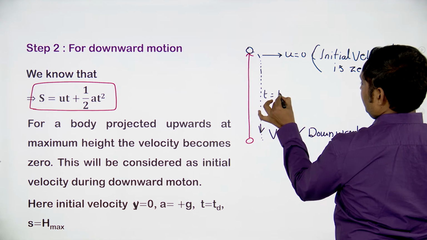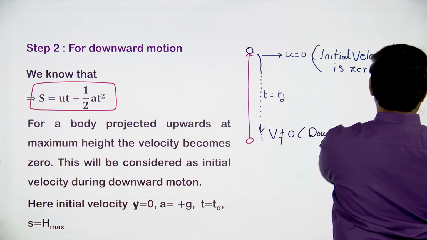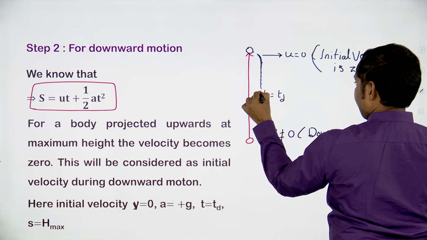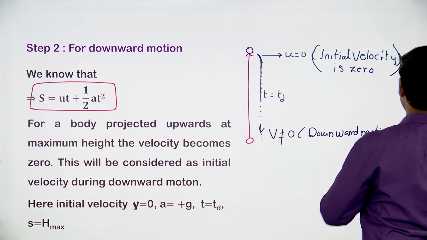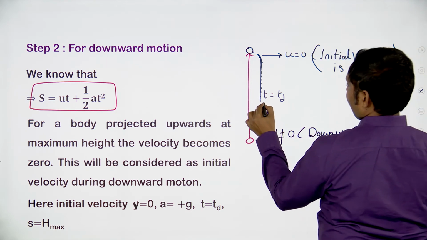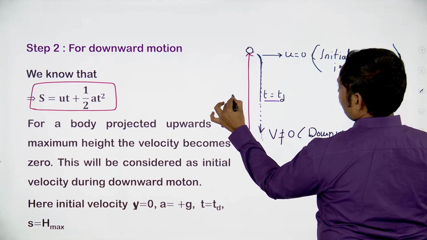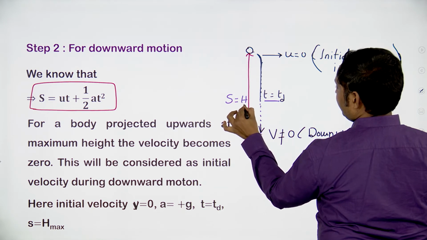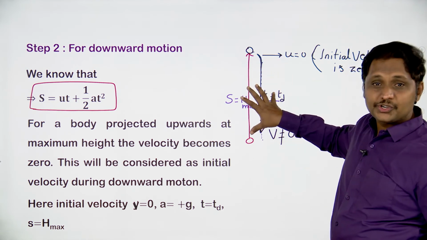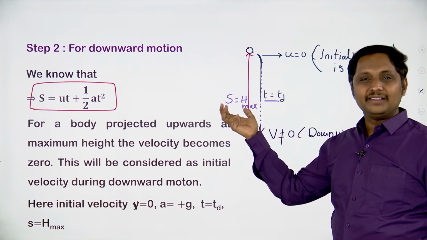T is equal to TD. You can take S is equal to H maximum. Even though in downward motion, the displacement covered is S, it is H maximum.